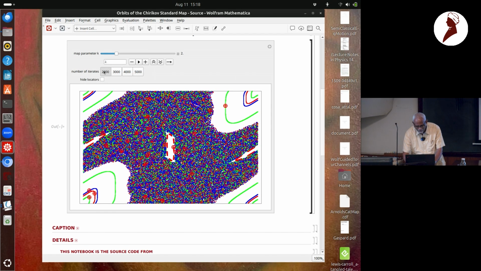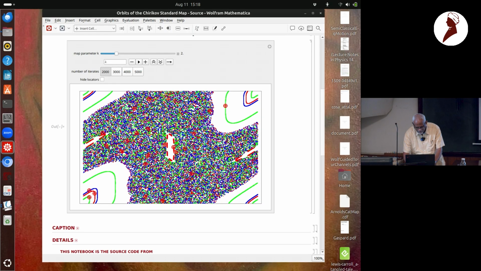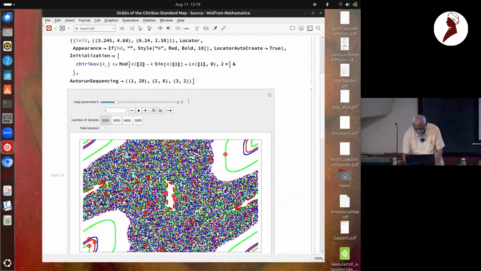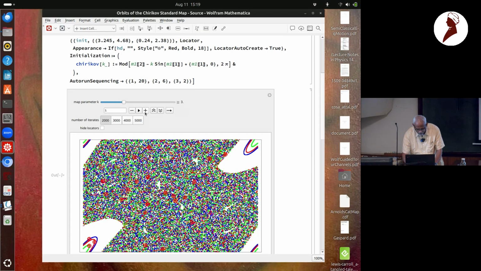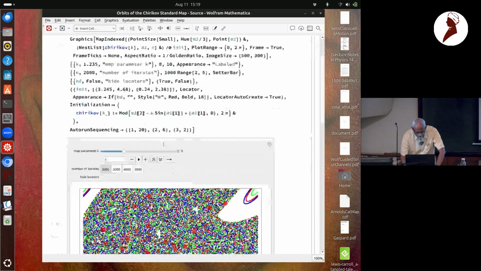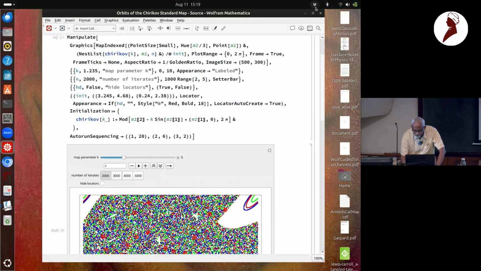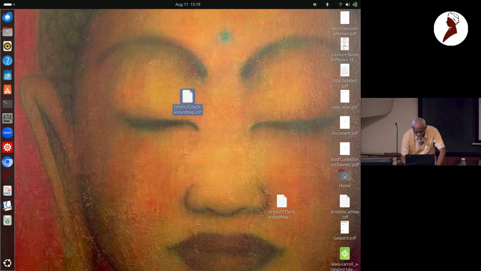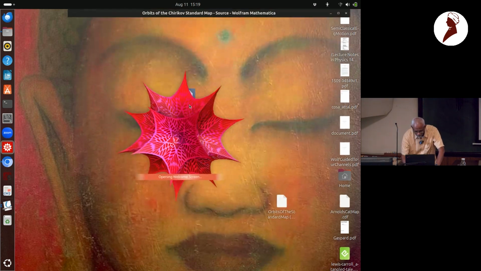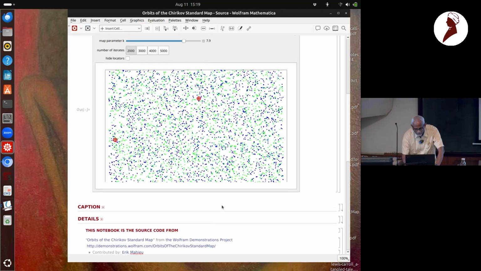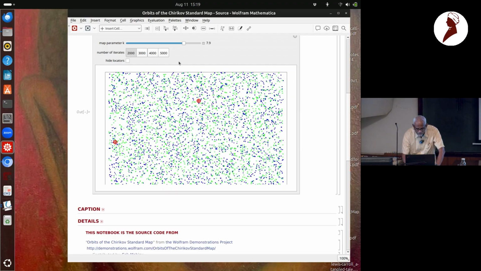I can go till 2000. So each time I click on this, I can create more initial conditions if I want.